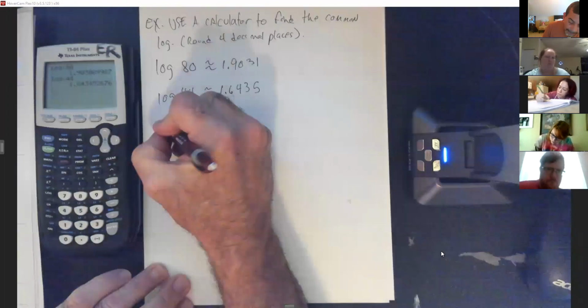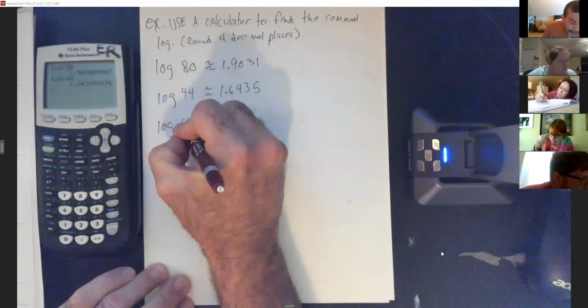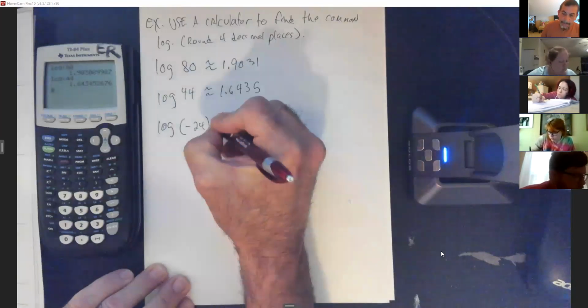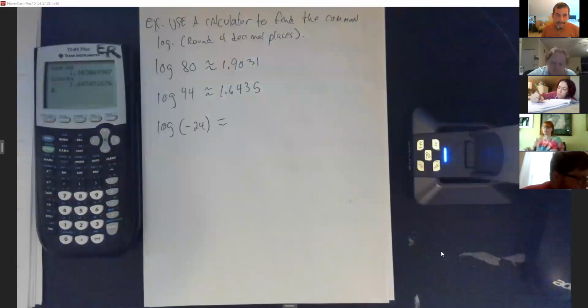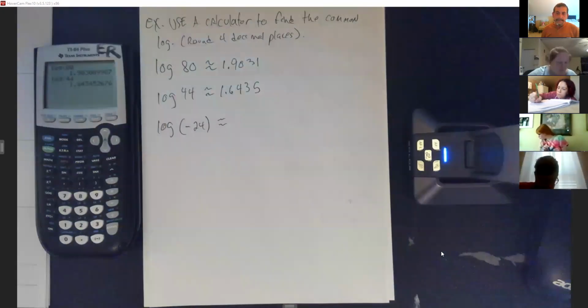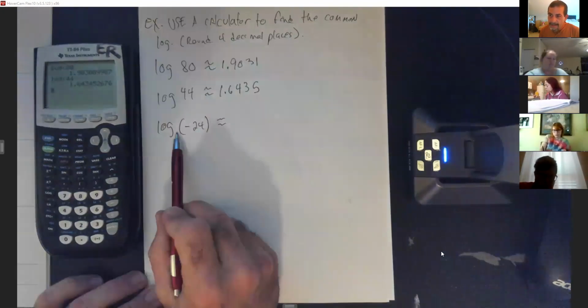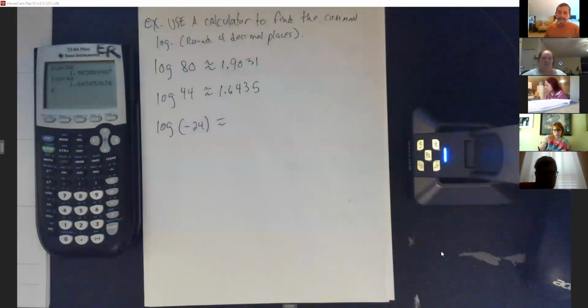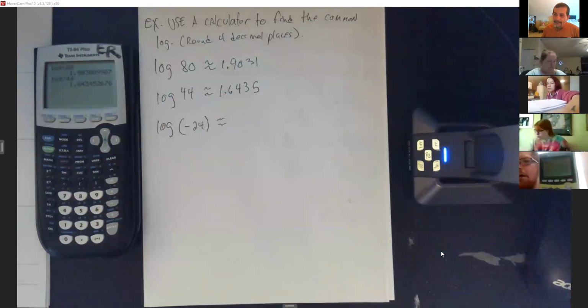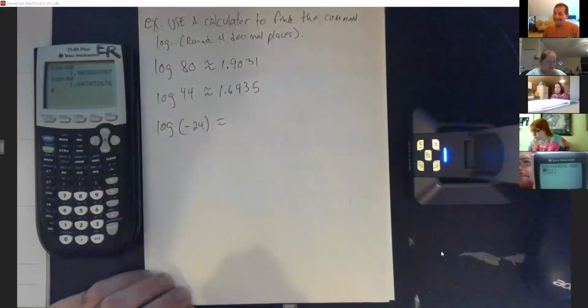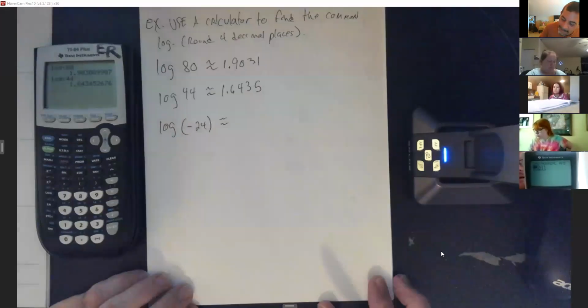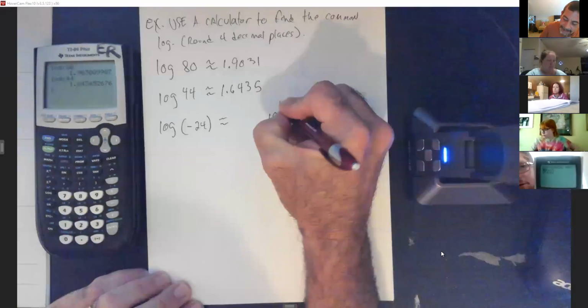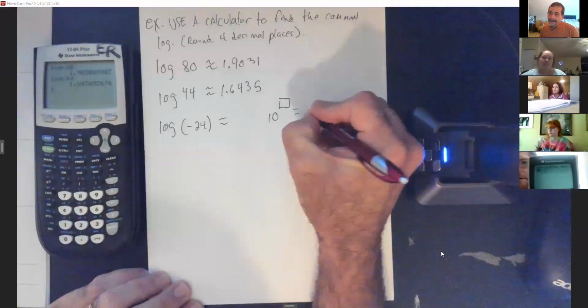Log of a negative 24. And then remember, that base is what? 10 still? I get an error. Yeah, I got an error too. Because guess what? You telling me there's nothing I can do to this 10 to make it a negative 24?